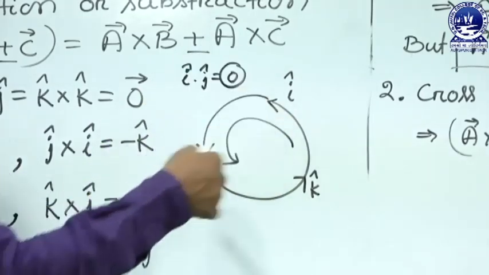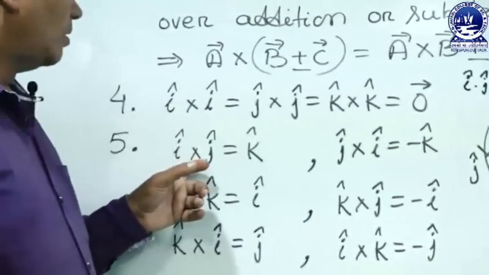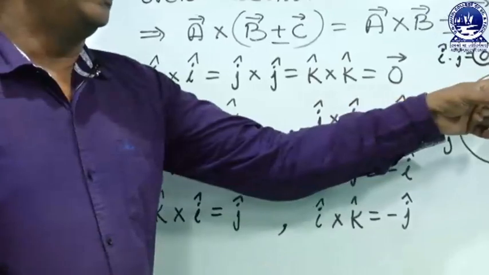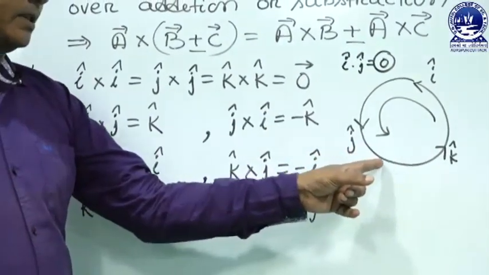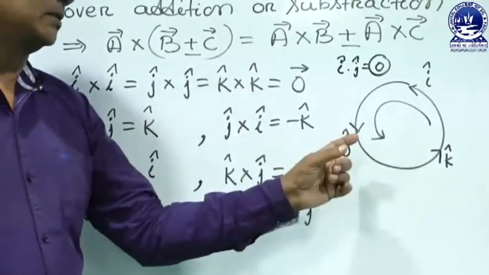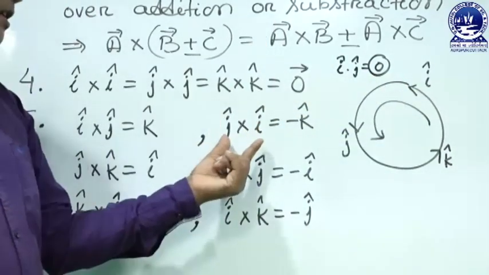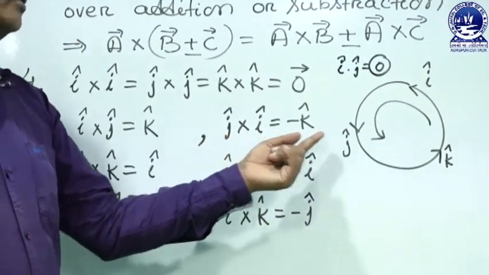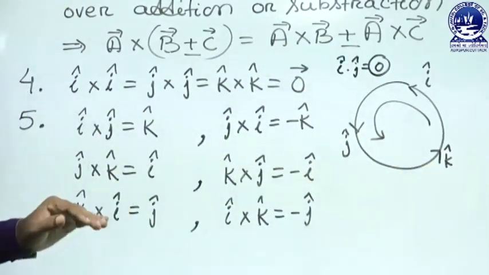If you go clockwise, it is opposite. That means i cap cross j cap in the anti-clockwise order gives k cap. If you reverse, j cap cross i cap, the result is minus k cap, because we move in the opposite direction.